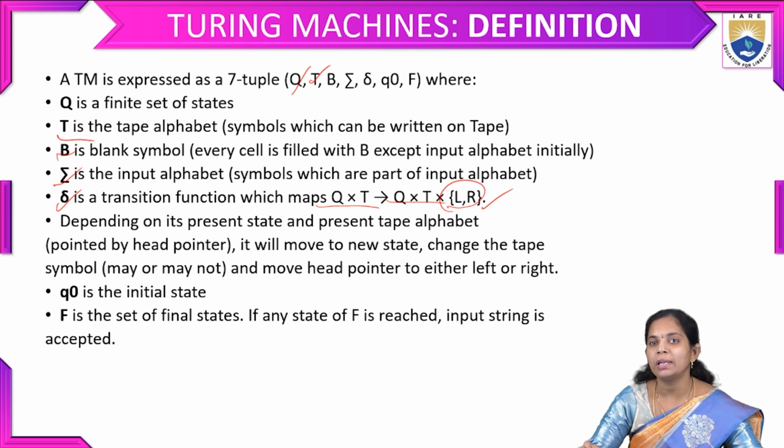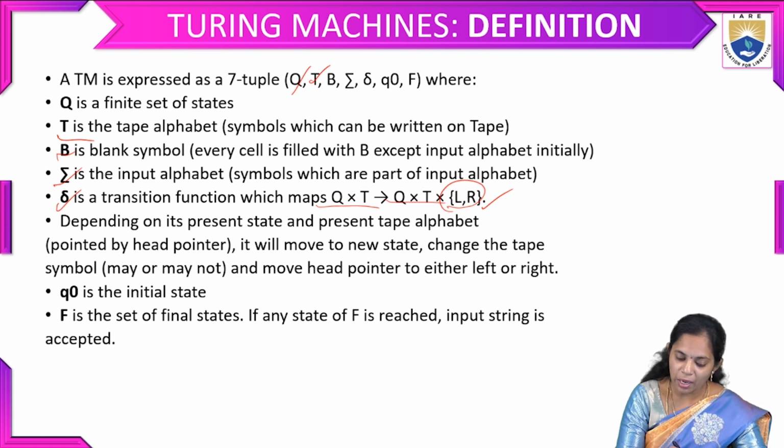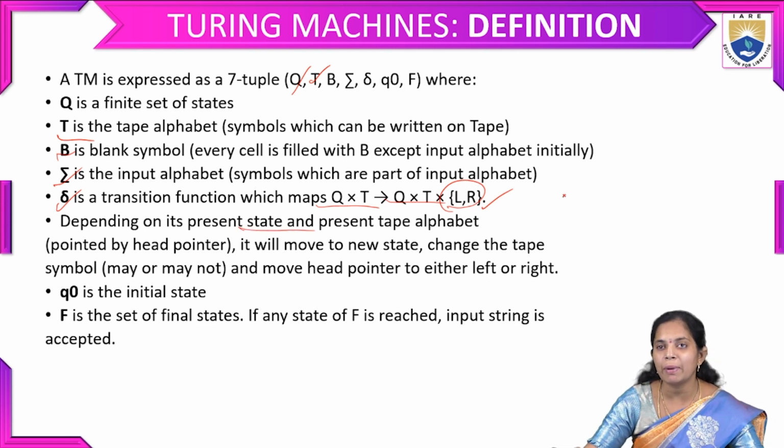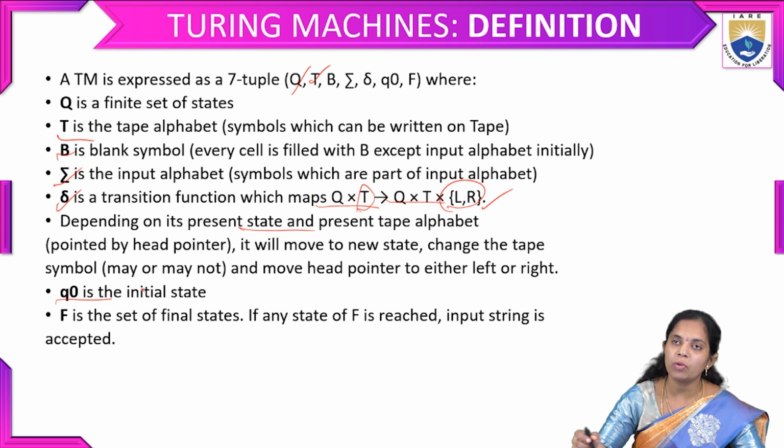Depending on the present state and the tape symbol, we take the transitions and move left or right. Here q0 is the initial state, and F is the set of final states.